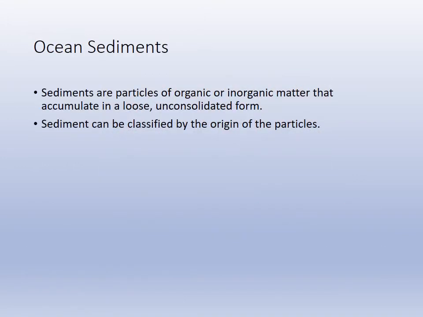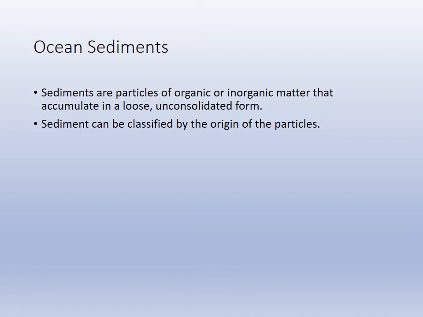Now, our ocean sediments are the accumulation on the ocean floor, much like soil is the accumulation on land. You can have terrigenous from the land, so the continental shelves and those continental rises are more terrigenous from the land. The deep ocean doesn't get that land influence as much.